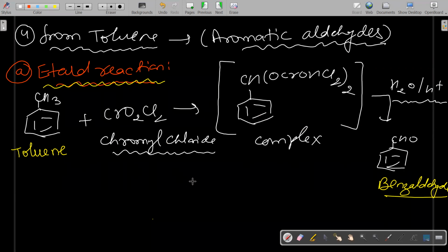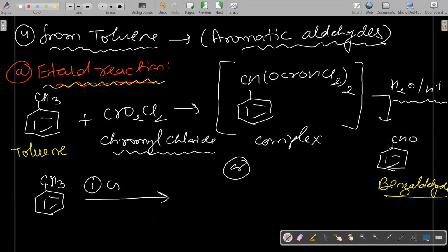So for Etard reaction, if in exam you don't want to write this intermediate complex, or you are thinking you might have made a mistake, then simply, instead of the complex, you directly write, suppose you don't want to write the intermediate form, then how to write the reaction?